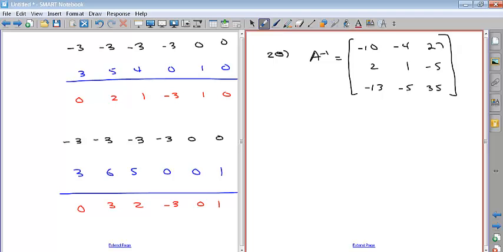Okay, the next problem is 31. So 31, 2, 1, 0, -3/2, 0, -1, 1/2. Okay, so the first thing you should recognize is that it's not a symmetric matrix.